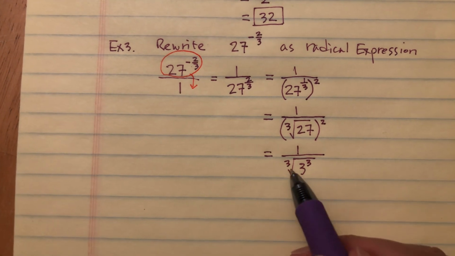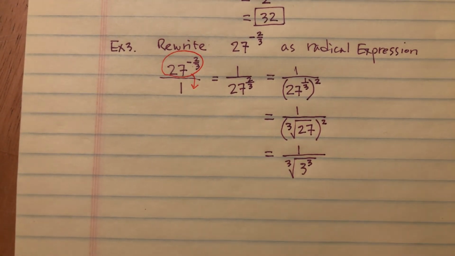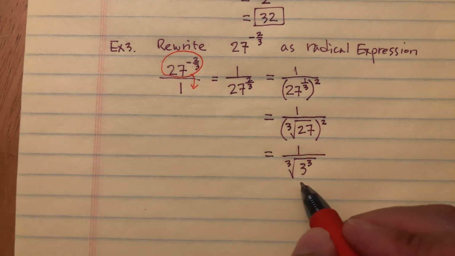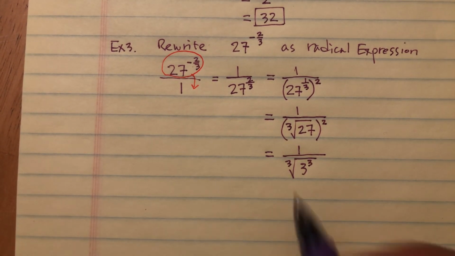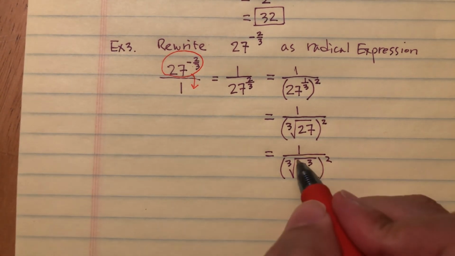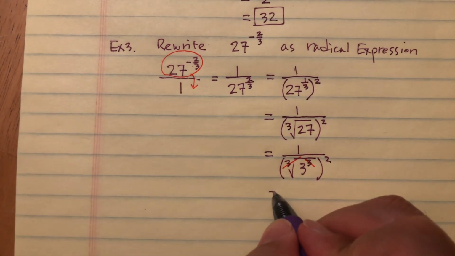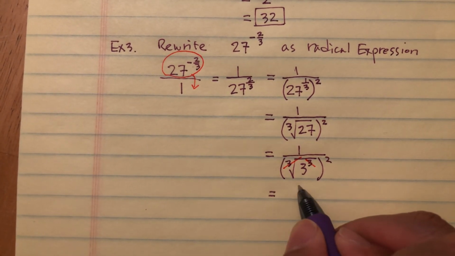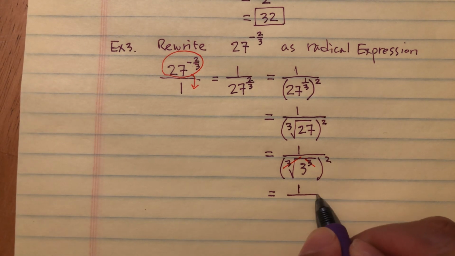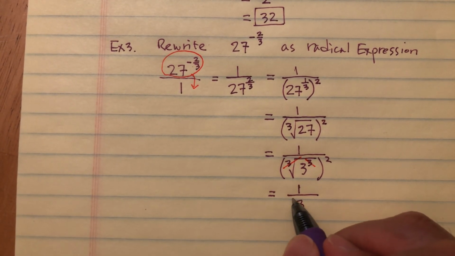Why? So we can cancel the cube root and the cube. They undo each other, right? So I forgot the square, so let's make a square outside. So this cube root and the cube will undo each other. So now 3 gets out. So it's going to be 1 over 3 gets out, and you have a square outside. So it's going to be 3 to the second power.